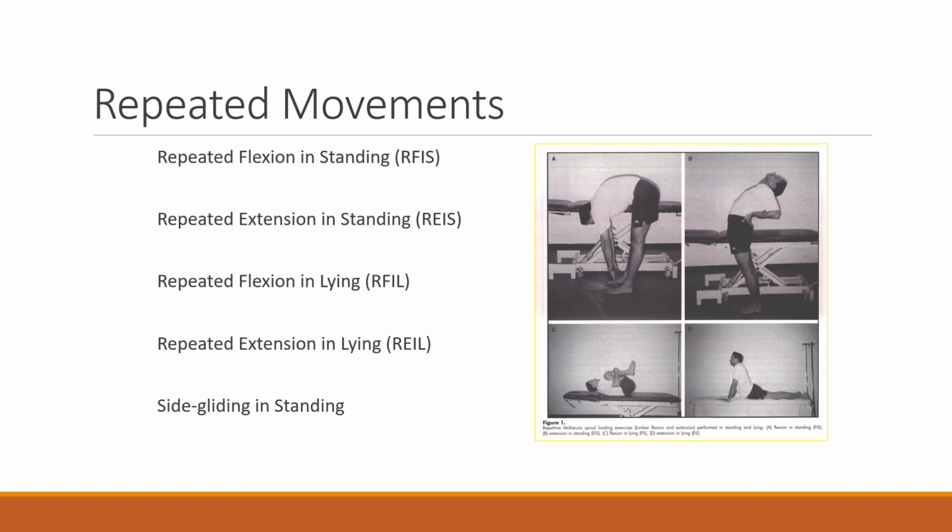And so with respect to repeated movements, we're going to look at repeated flexion in standing, repeated extension in standing, repeated flexion in lying, and repeated extension in lying. And if there's a need, potential side gliding in standing as well. But the movements in the sagittal plane are the ones that we'll likely utilize the most with our initial evaluation with our patients with lumbar spine disorders.